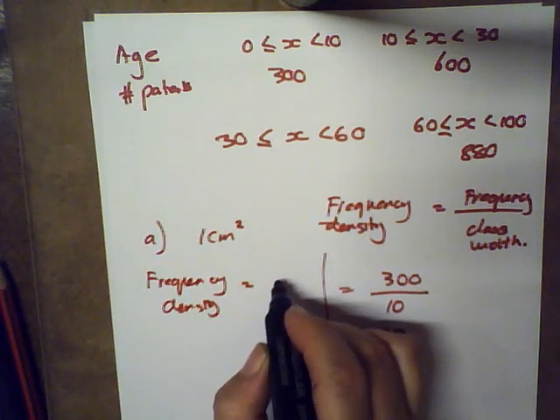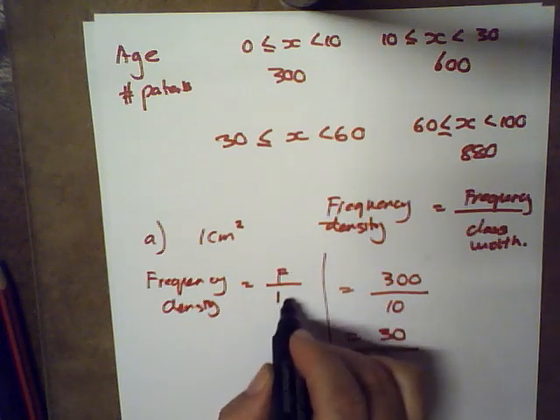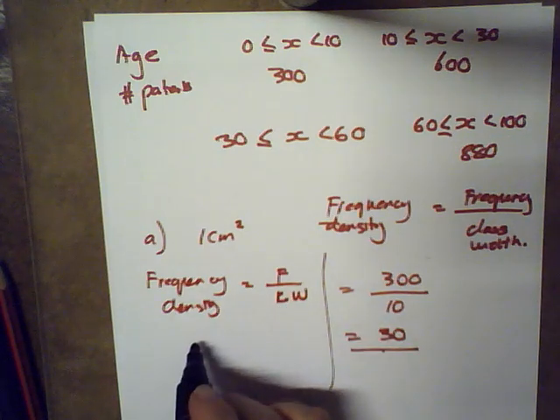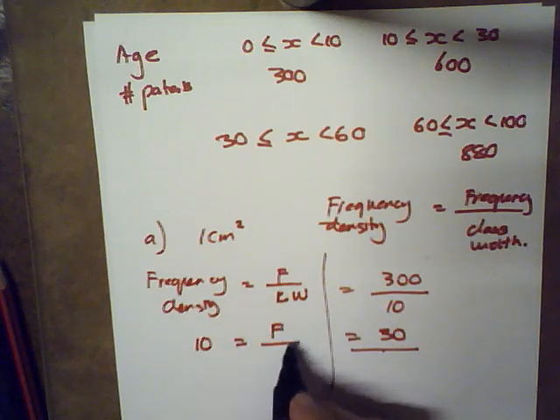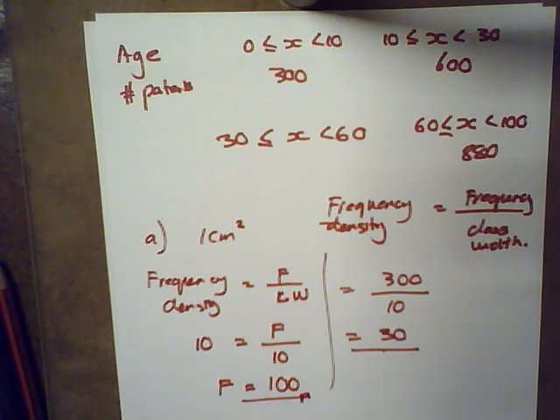Frequency over class width, we'll fill in the values now. So that would give us frequency density 10. Frequency is the one that we want to find. Class width is also 10. So we can find frequency as 100. Okay. So 1 centimeter squared represents 100 patients for the doctors.